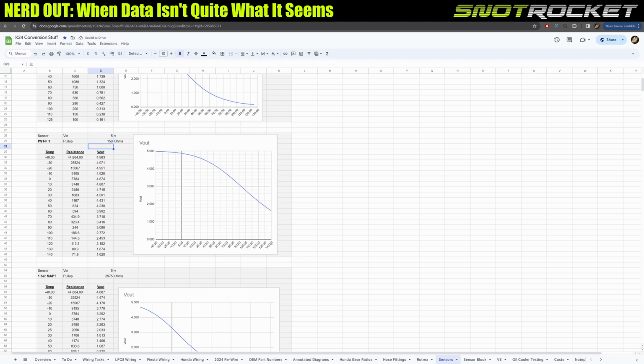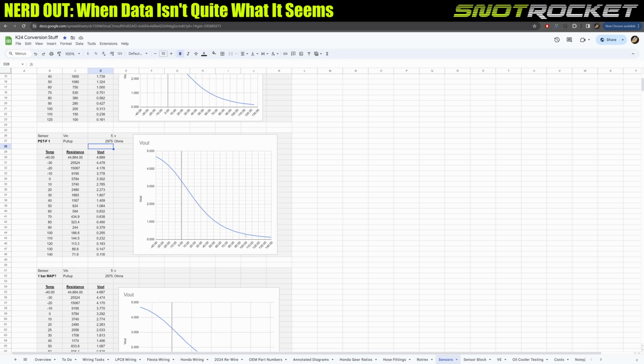So now we've got the ability to measure from say 100 degrees to 140 degrees over, what is that, almost an entire volt, which is a huge shift in resolution from what we had before. Let's just go back to 2975. Each of these steps here is 0.2 of a volt.